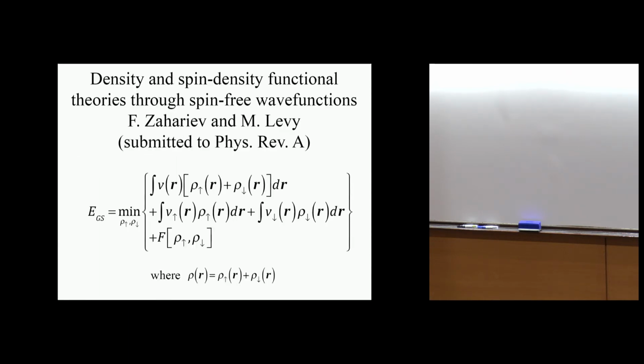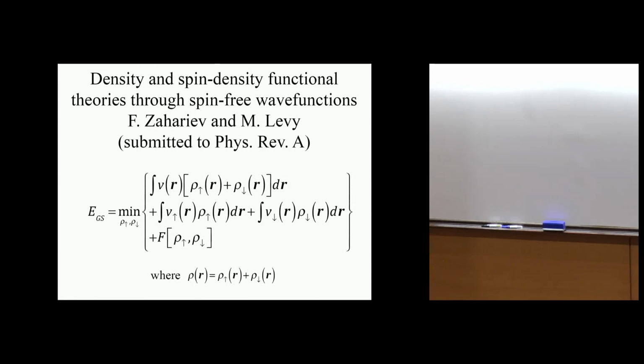Okay, so this is it. So density and spin density through spin-free wave functions. This over here is spin density functional theory. If you have a spin-dependent potential, V up and V down, you have the spin densities up and down. And of course, you need spin density functional theories if you have, like through magnetism, V up and V down.